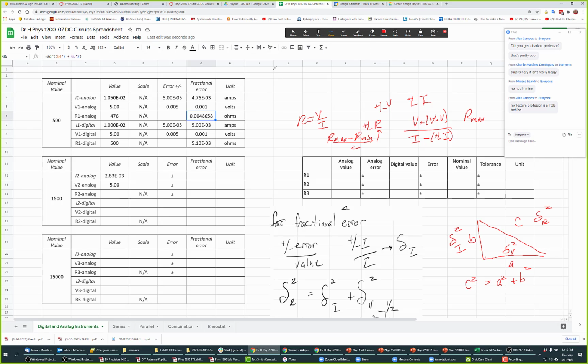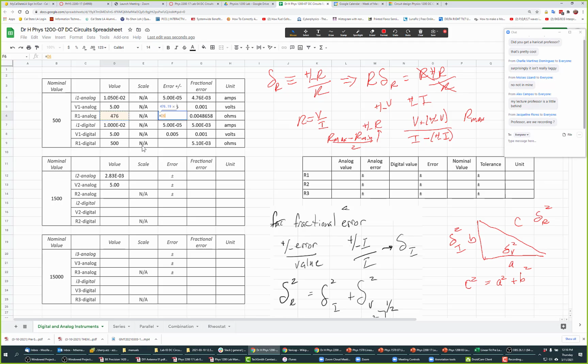Because the fractional value is defined as plus minus R over R. So if I multiply the fractional value of R times R, I end up with the plus minus R. So this equals the value I got, according to my machine directly.